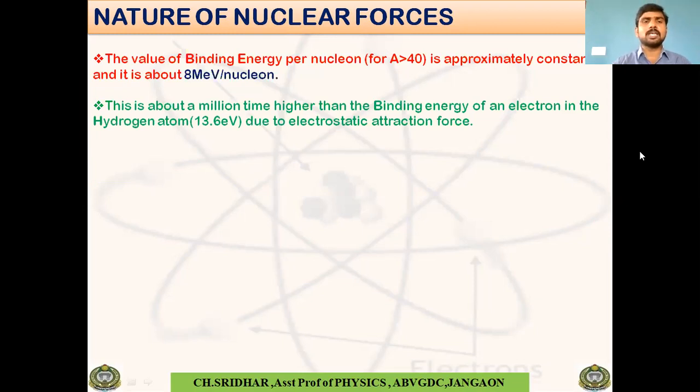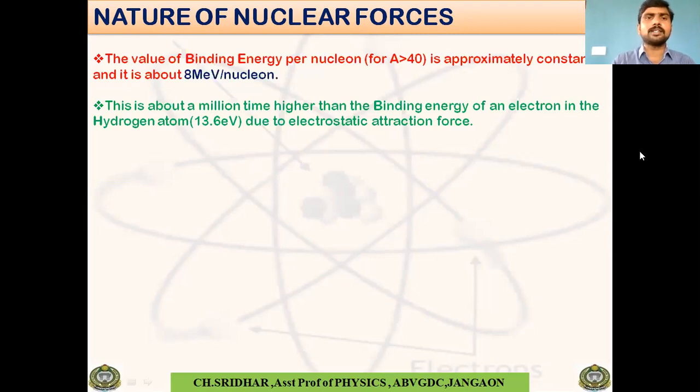That means it is a million times higher than the binding energy of the electron in the hydrogen atom due to electrostatic attraction. The energy gained by the electron in the hydrogen atom is due to the electrostatic force of attraction, whereas the binding energy is due to a force other than the electrostatic force.